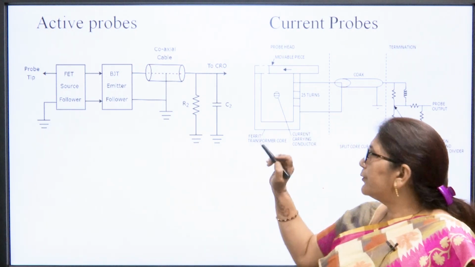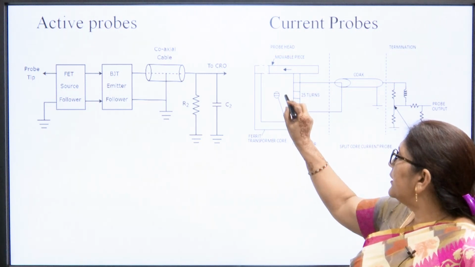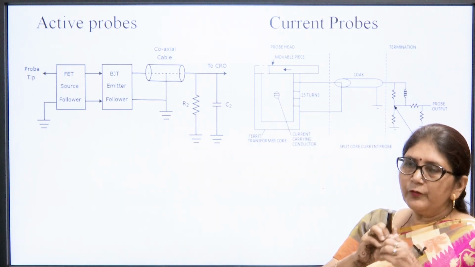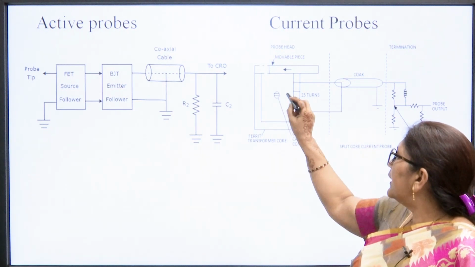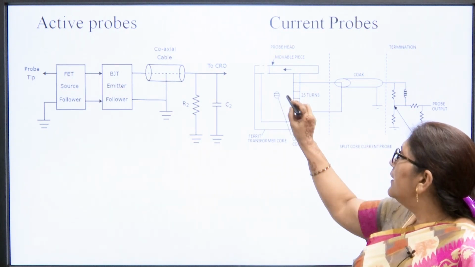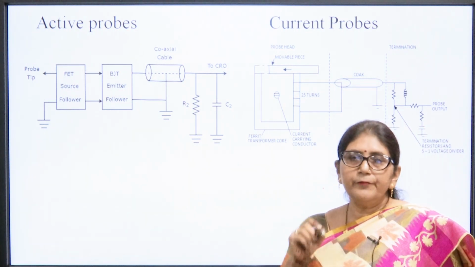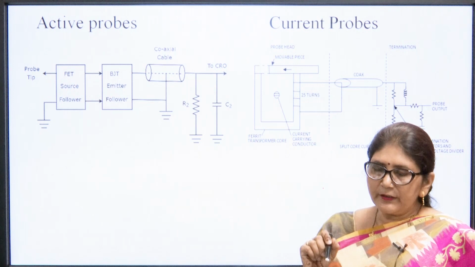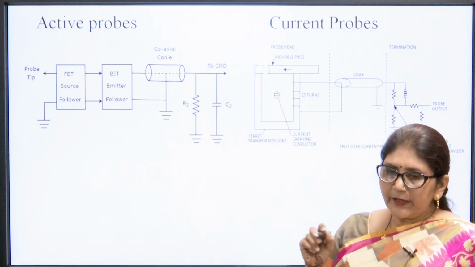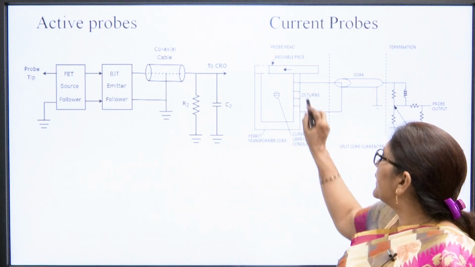Similarly, there is the current probe. Suppose we want to measure the current of any instrument, then we will put the probe around the current carrying conductor. If there is a change in current in the conductor, then it will form an electromagnetic field.